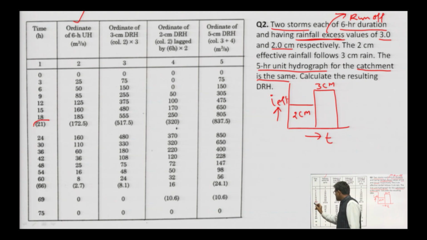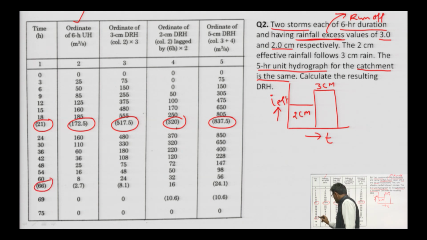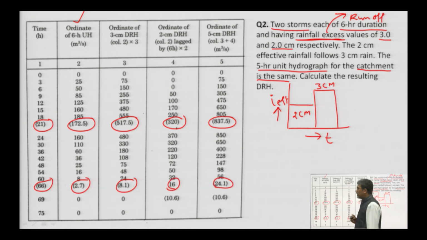The values at some durations are not given in the question. That is why we will interpolate these values with the data. For example, for duration 21, we need to find the ordinate of the UH which is not given to us.